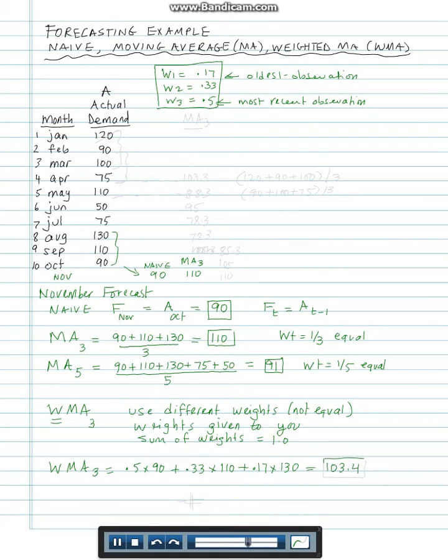Again, a different number. So we ended up with 4 different forecasts for November. Which one do we choose? That's the error analysis that we will learn to do in a minute. But first, these are the 3 techniques: naive, moving average, and weighted moving average.